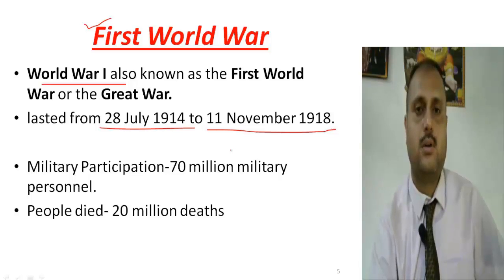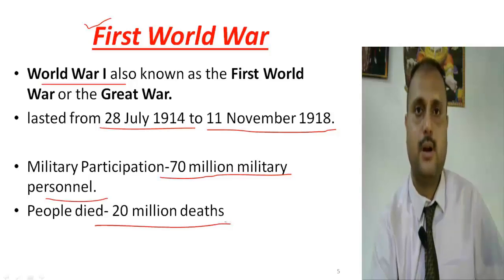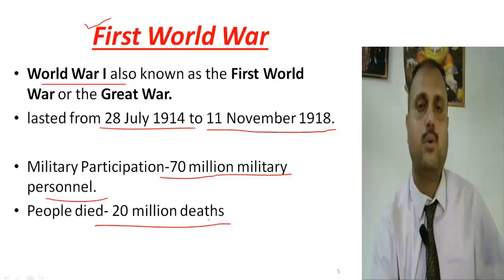In this World War, 70 million military people participated and around 20 million died. Civilians as well as military people both died. The civilians were also attacked from the air. So many people were wounded, and the casualties were also in the millions.